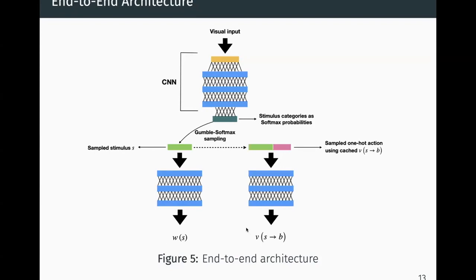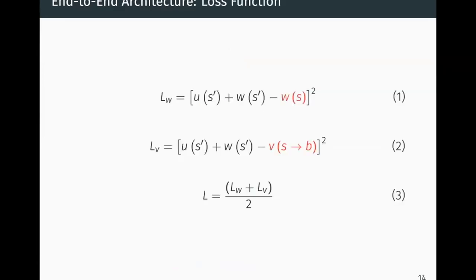I can go into a bit more detail during the questions because apparently I'm running out of time. But you learn both the stimulus and the stimulus response values in one go, together with learning the stimulus representation, rather than a two-step approach. And we compare the two approaches.